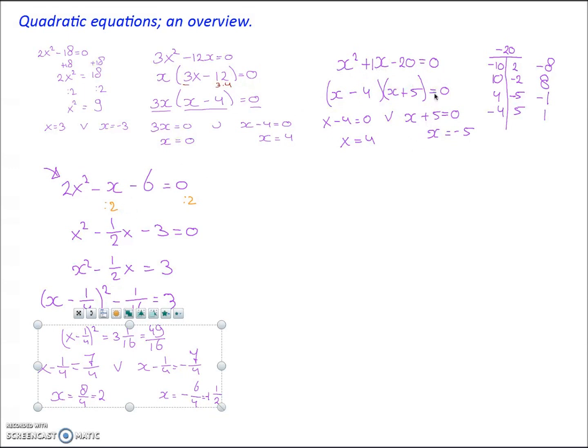One of them could be solved by using product sum, and one could only be solved by using completing the square. So are there any other types? Well, this is basically the four solving methods, and completing the square always works, unless it doesn't.